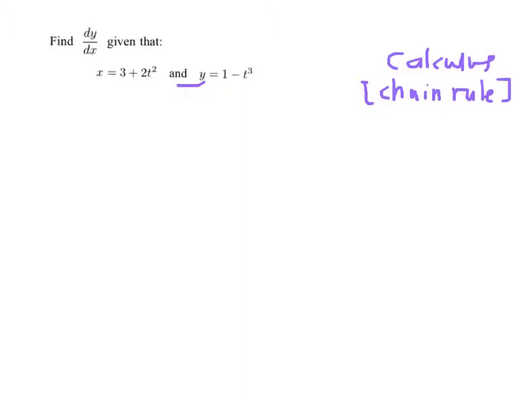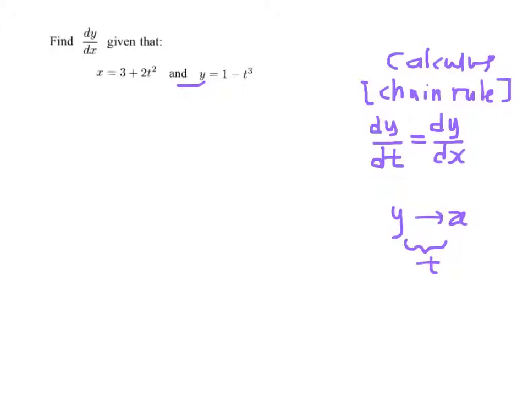And you probably recall that there's one rule that relates three variables. Say, I want to relate y with x, and of course involving t in this case. So I may then write this as dy/dt equals dy/dx times dx/dt, and this is the chain rule.